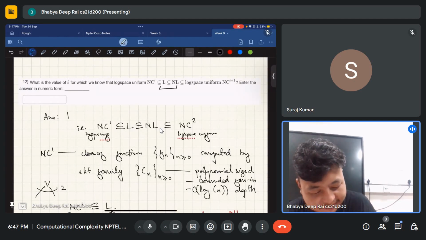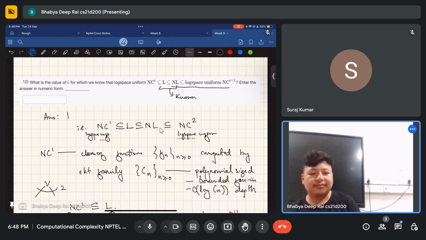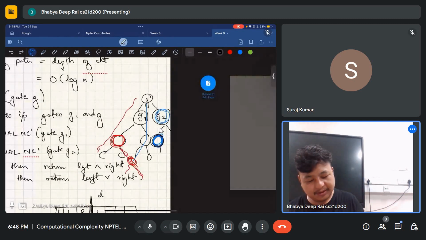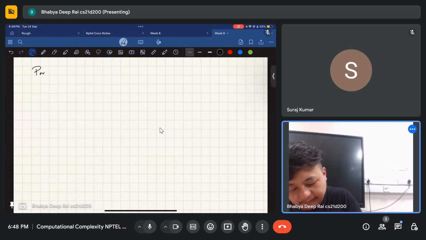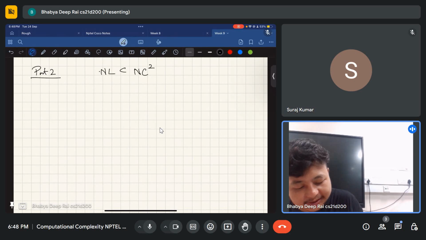Of course, we know this trivially. Now we want to show that NL is contained in NC2. Here we chose i to be 1, so i plus 1 is 2. So our part 2 is NL is contained in NC2. So this is the next question.